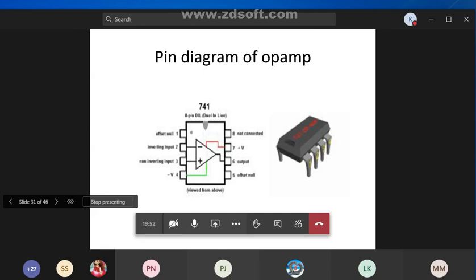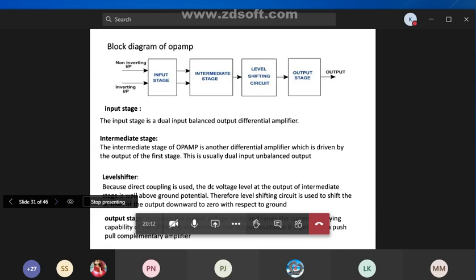Here the second pin is inverting input, and the third pin is non-inverting input, sixth pin is output, seventh pin is plus VCC, and fourth pin is minus VEE. So we are using only 5 pins. It is an 8 pin IC. So 741 is an 8 pin IC.